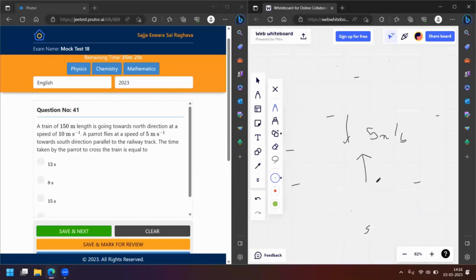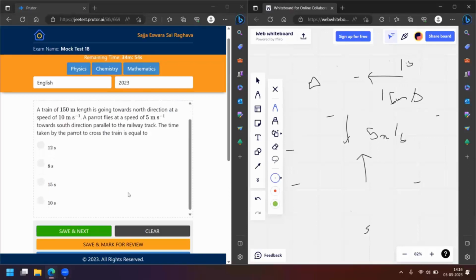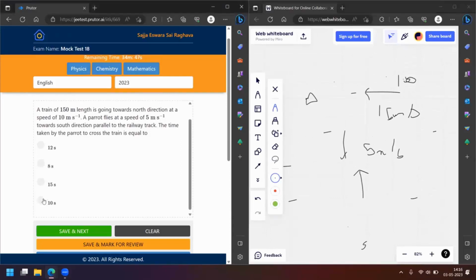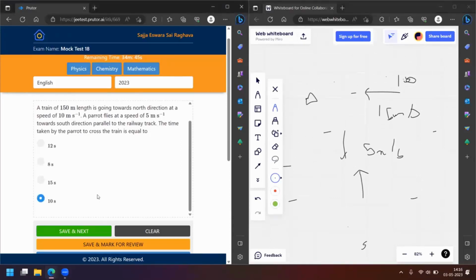From the point of view of the parrot, the train will be approaching the parrot with 15 meters per second, and the length of the train is 150 meters. So the time it takes to cross will be 150 by 15, so the time taken will be 10 seconds.